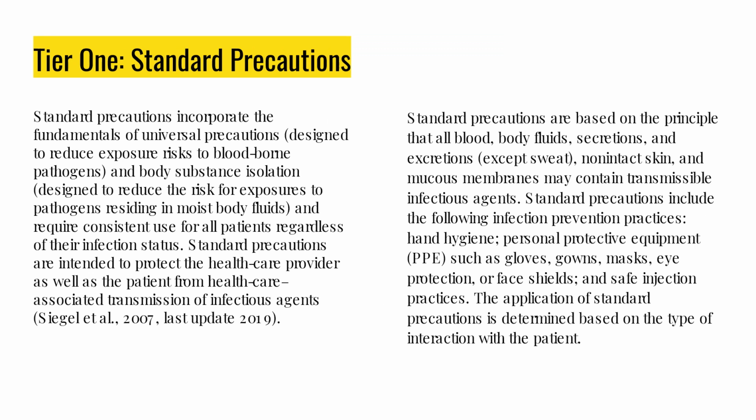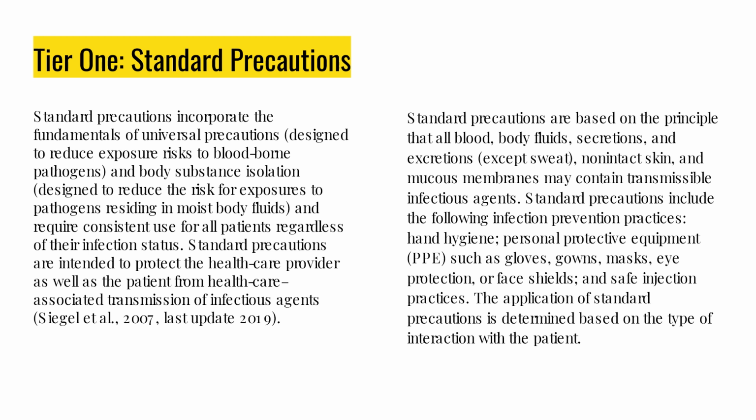So first, standard precautions. Now remember, this is the universal precautions. They are designed to reduce exposure risks to bloodborne pathogens. Standard precautions are based on the principle that all blood, body fluids, secretions, and excretions, except sweat, non-intact skin, and mucous membranes may contain transmissible infectious agents.